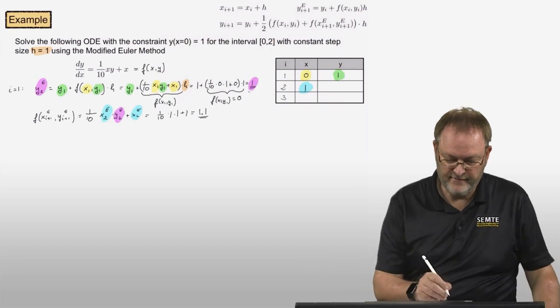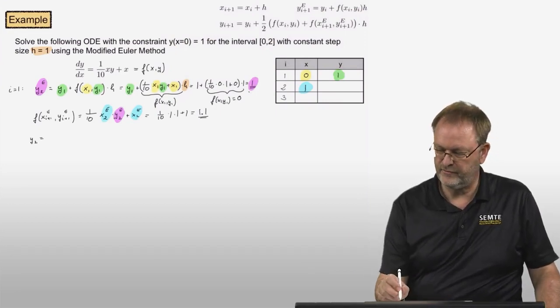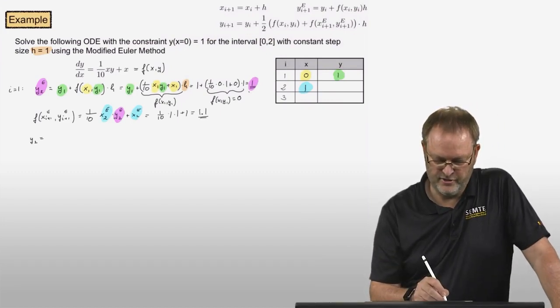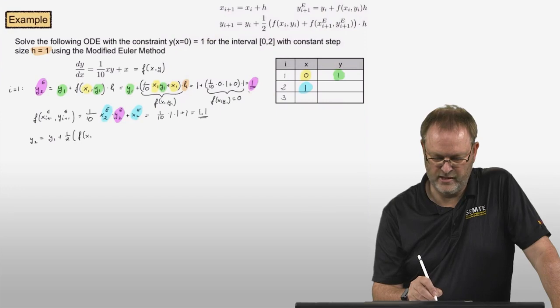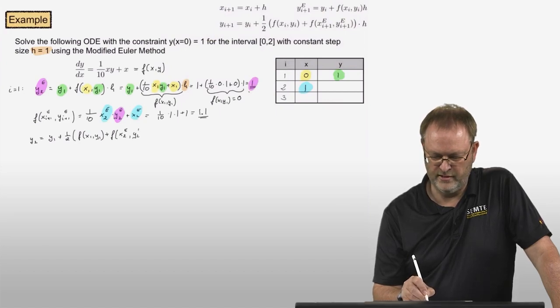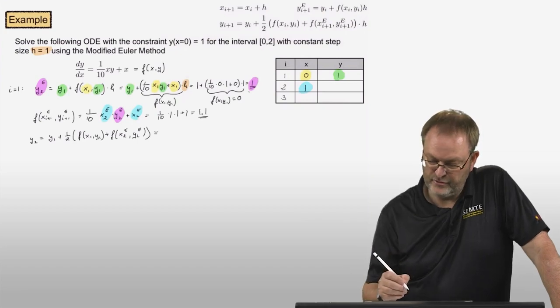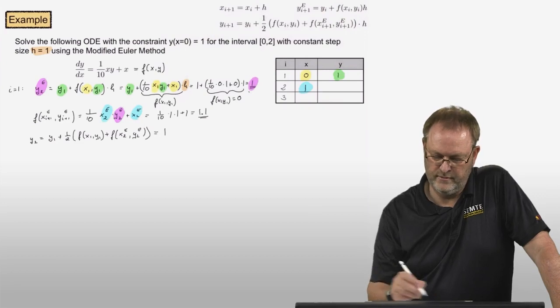And now with this I can evaluate what my actual y2 is, right, using this formula now over here. So my y2 is my original y1 plus 1/2 times f of x1, comma y1 plus f of x2 Euler, y2 Euler. And now all I have left to do is plug in the values. So my y1 is equal to 1.